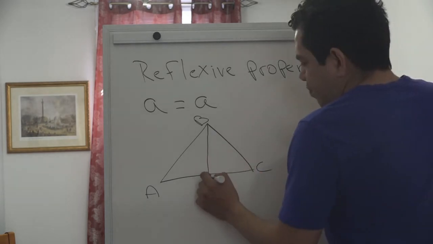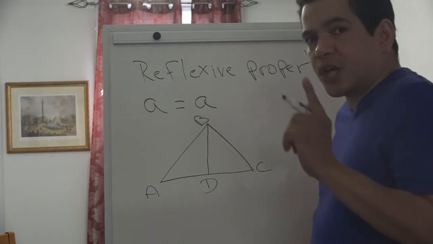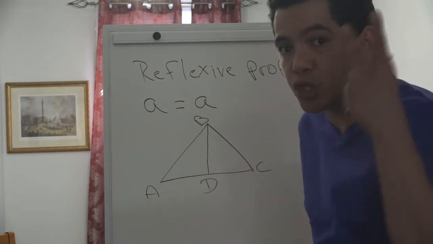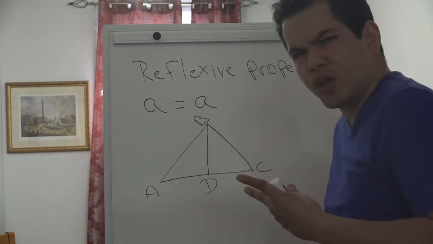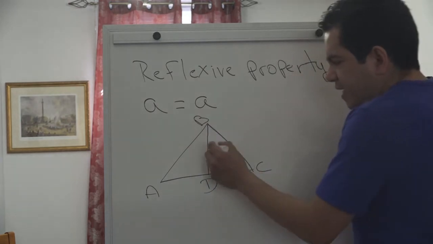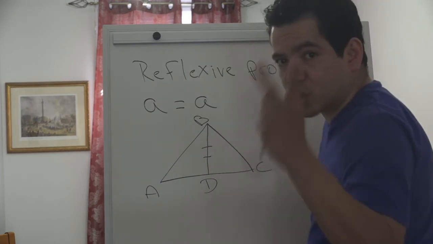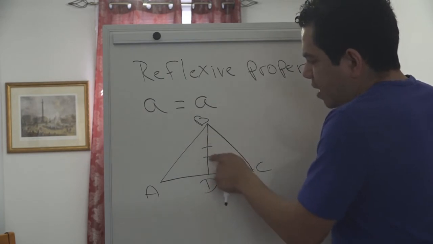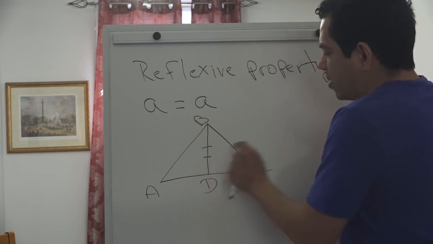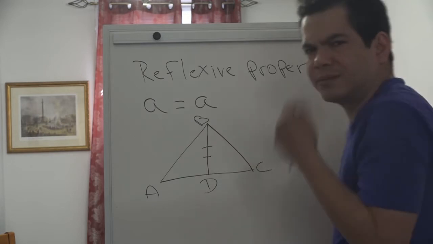Let me call this point D. Notice something: side BD is a side common to two triangles. It belongs to triangle ABD, but it also belongs to triangle CBD. Make sense? So it's actually two sides in one.